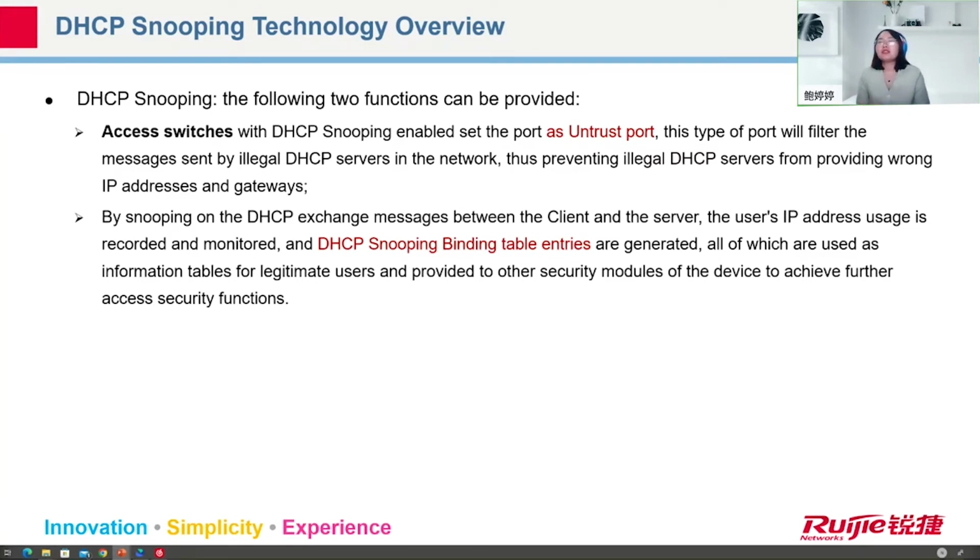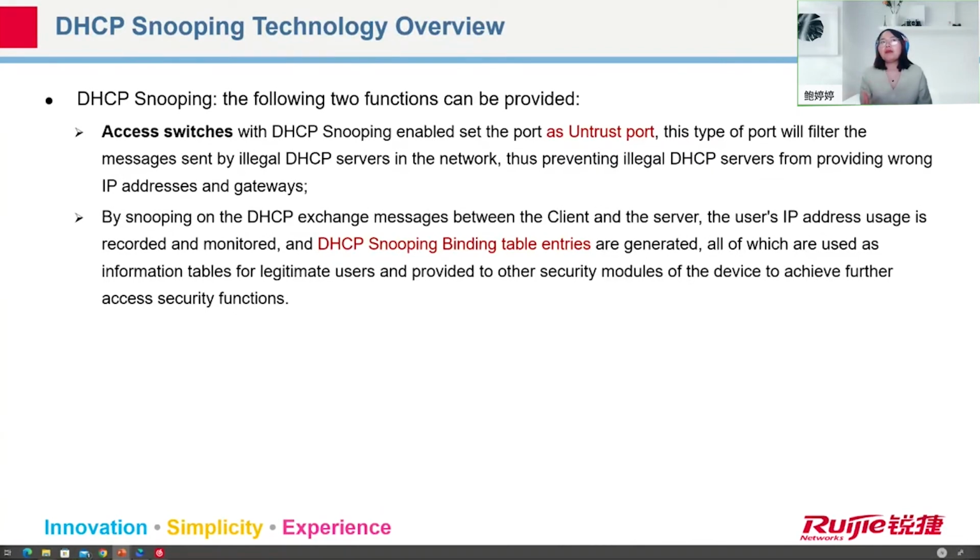The main part of this process is, first, PC1 doesn't know whether the information is correct or not. Second, when the access switch receives the discover message from PC1, the switch directly broadcasts it to everyone, including the normal DHCP server and also the illegal DHCP server.